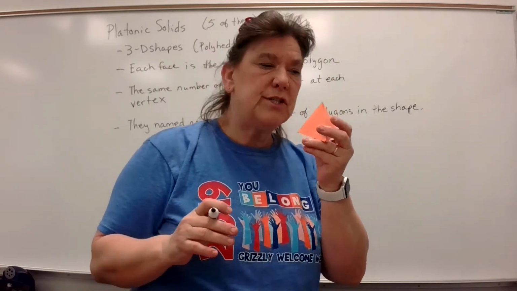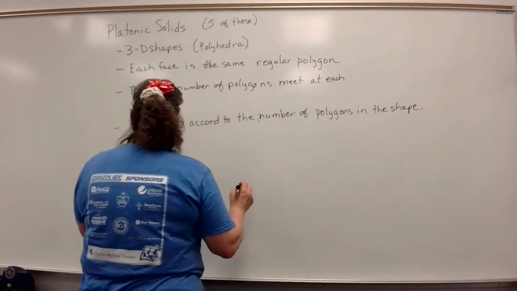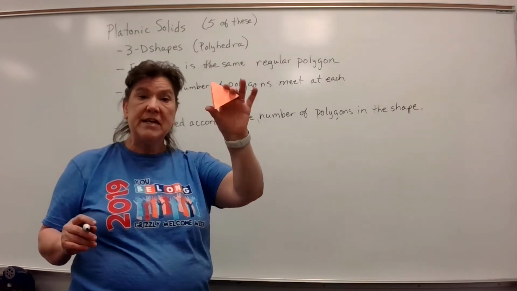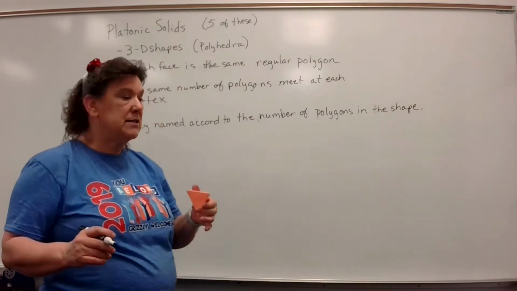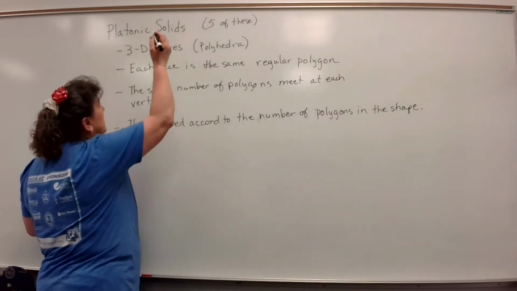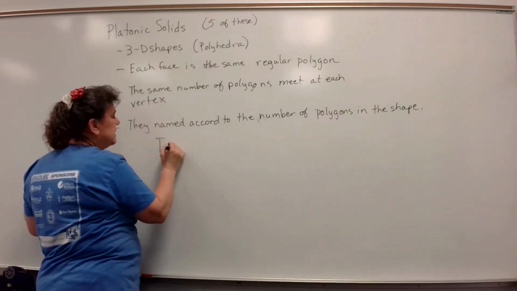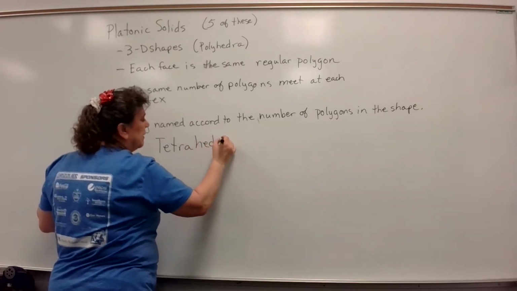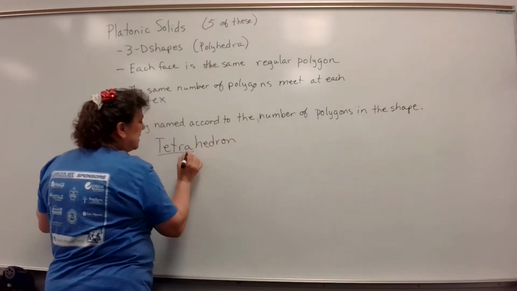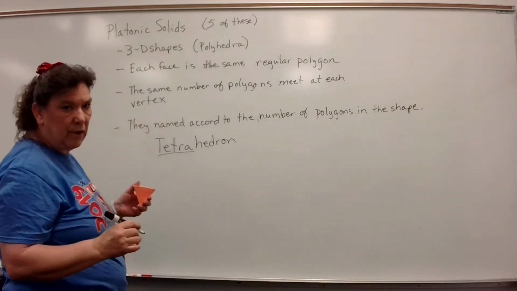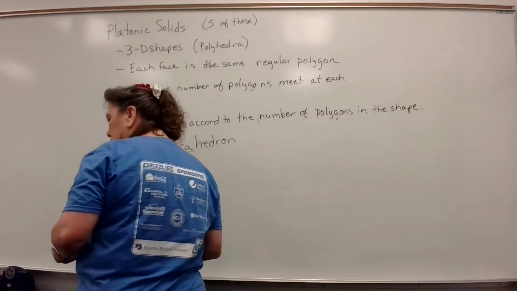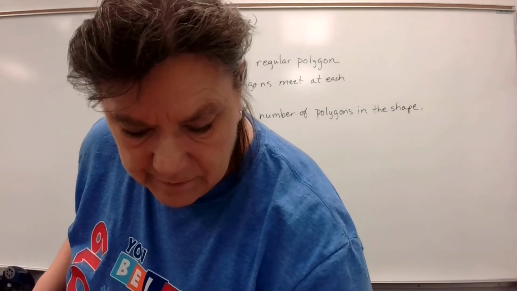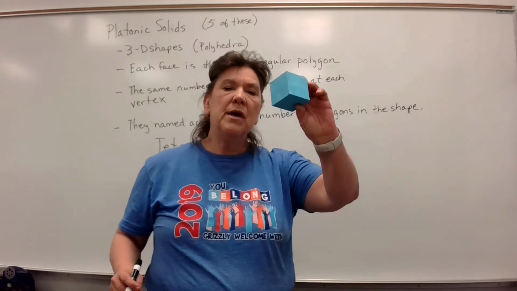So this matches the requirements. Therefore, because there are 4 faces, 4 polygons in this Platonic solid, it is named a tetrahedron, because tetra stands for 4.